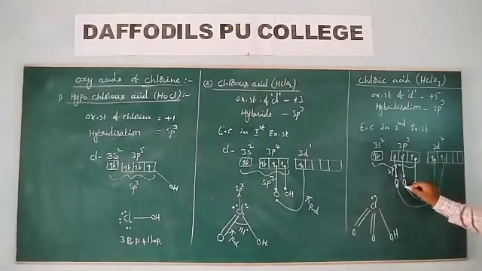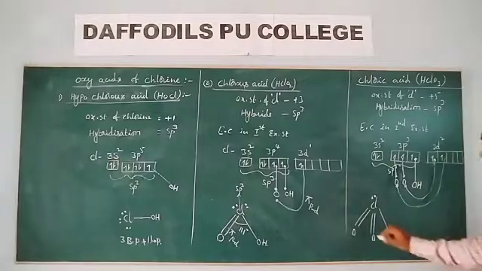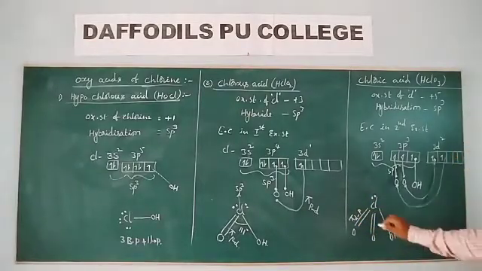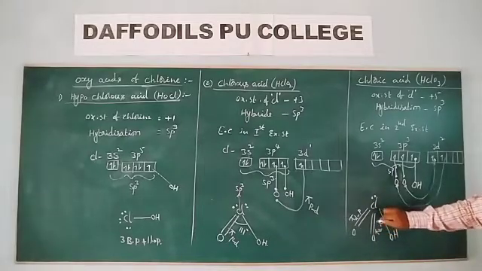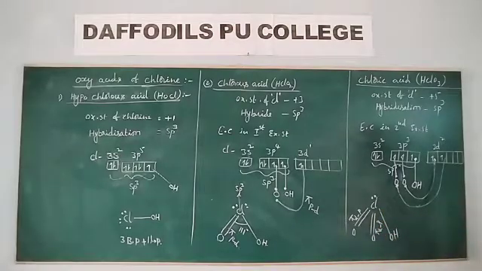This oxygen forms 2 bonds, 1, 2. This one also forms 2 bonds, 1, 2. One is sigma and the other becomes pi. So what kind of pi is this? Pi dp bond. This one also is a pi dp bond. Chlorine d orbital and oxygen p orbital form pi bonds.